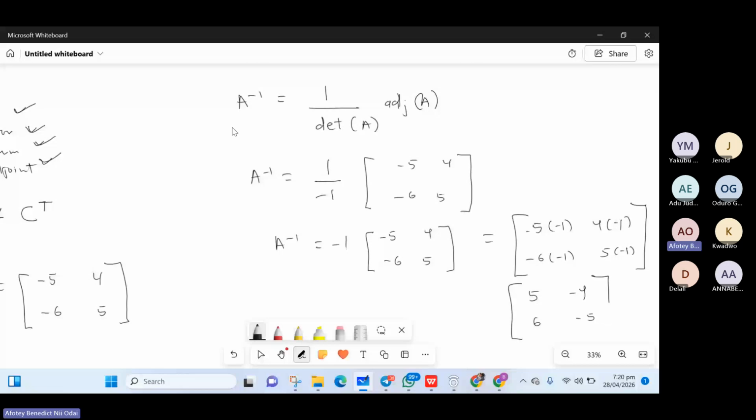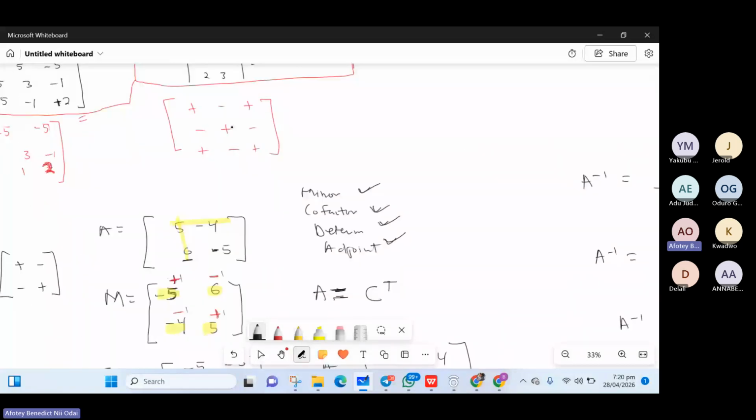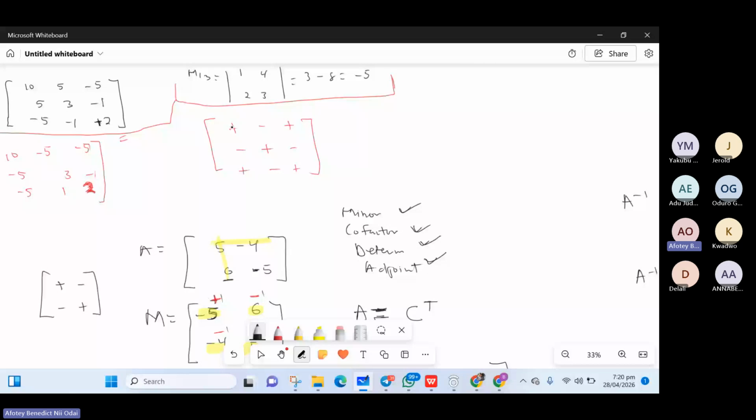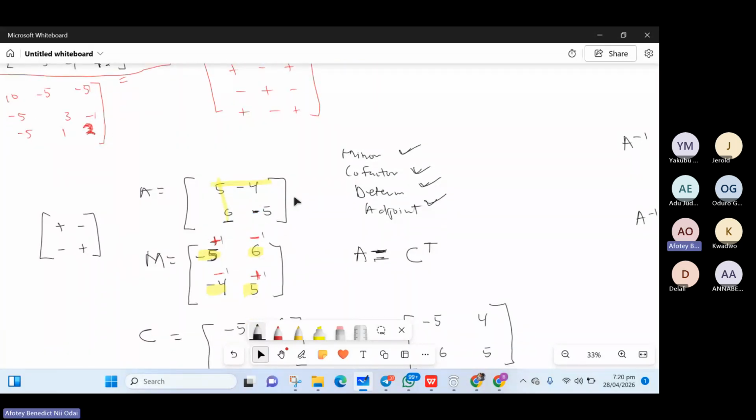I know this is a bit messy, but let's go over this one more time. We started by finding the matrix of minors, and we said to find a matrix of minors, you cross the row and the column on which an entry is found, and take your inner matrix and find a determinant of it.